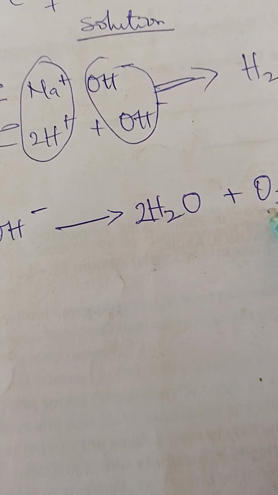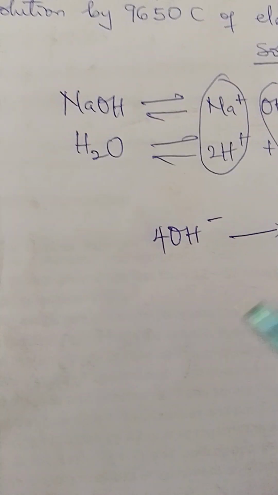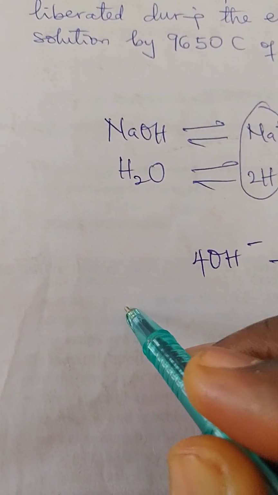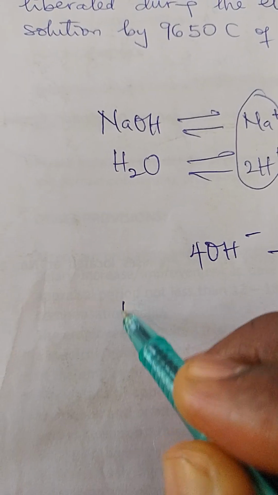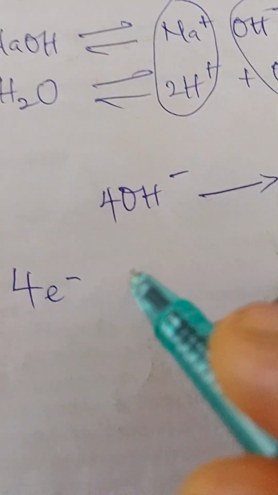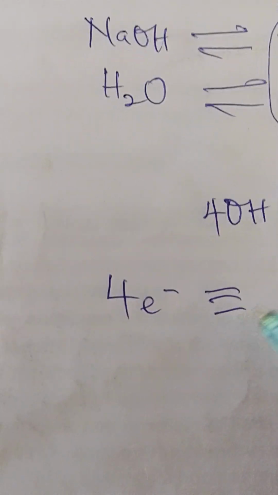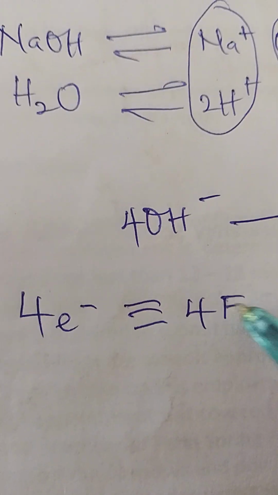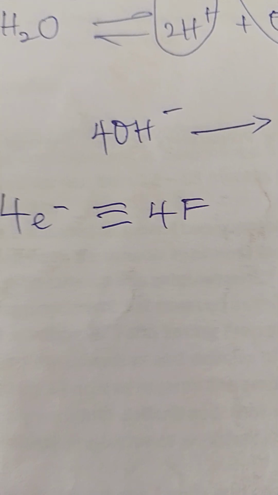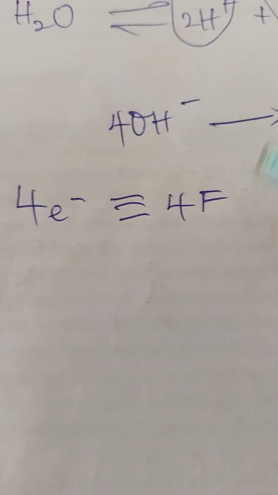So we have to find the volume of this oxygen. Now you have to recall that 1 electron is equivalent to 1 Faraday. So 4 electrons will be equivalent to 4 Faradays.